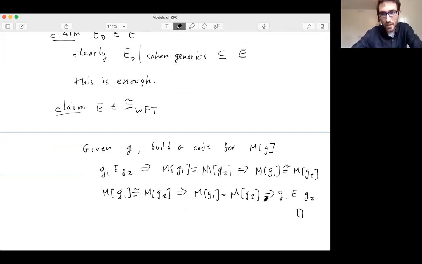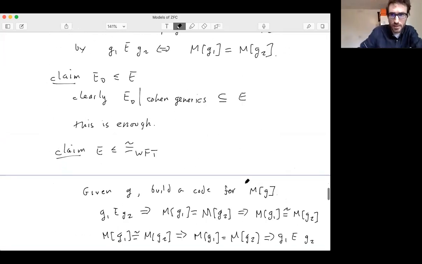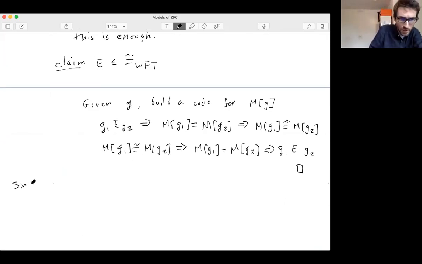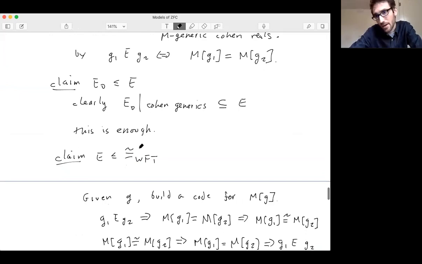And it's a bit weak because we're just getting that this relation is not smooth. So this proof direction can't really take you much farther. So Ian Smith recently analyzed this E. We know that it's above E0, but is it any higher than that?